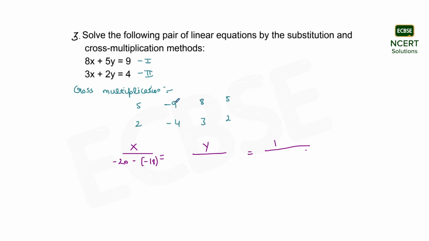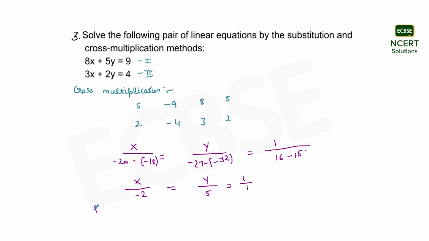For the second, the window will be minus 9, minus 4, 8 and 3. So here it will be minus 27 minus 32. The third window contains the elements 8, 3, 5, 2. So here it will be 16 minus 15. Calculating it, x divided by minus 2 is equal to y divided by 5, which is equal to 1 by 1.